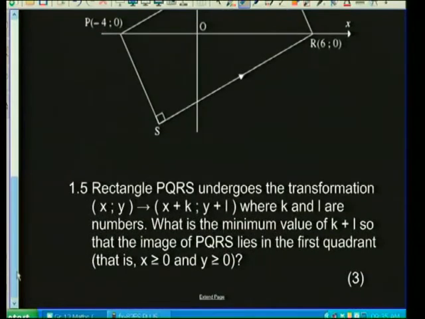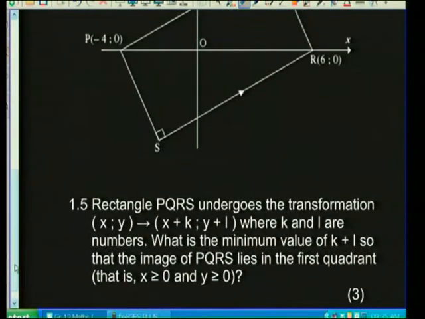And over here, which is the final part of this first question, is quite wordy. So I'm going to try and understand what's going on before I go and answer it. So it says rectangle PQRS undergoes the transformation x plus k, y plus l.